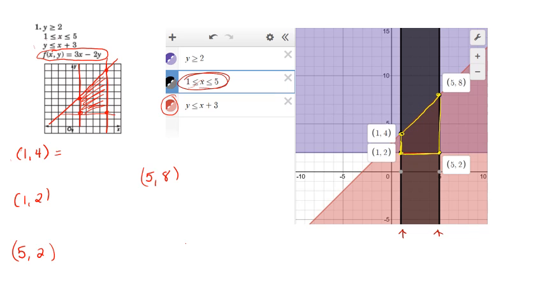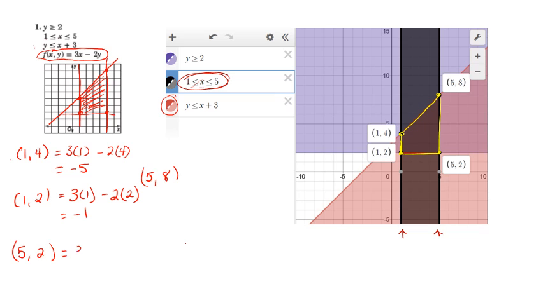Instead of 3 times x and 2 times y, I'm going to put in my x coordinates, so 3 times x, and then 2 times y. So I get 3 minus 8, which is negative 5. I'm going to do 3 times 1, 2 times 2, which is 3 minus 4, which is negative 1.